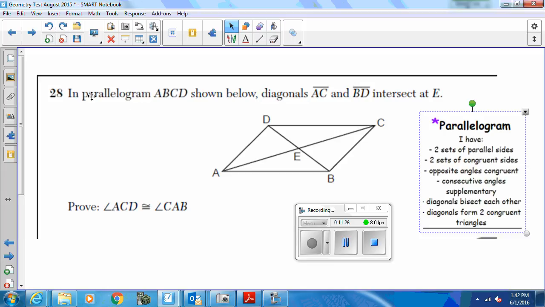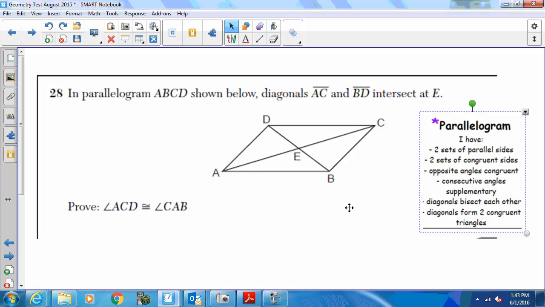So when you're talking about a parallelogram, you need to start thinking, what is it? If I'm a parallelogram, I have two sets of parallel sides. I have two sets of congruent sides. My opposite angles are congruent. My consecutive angles are supplementary. And my diagonals form two congruent triangles. That's just a couple things to keep in mind.